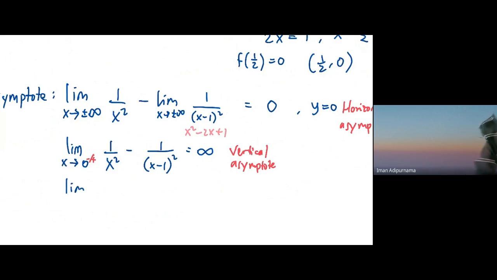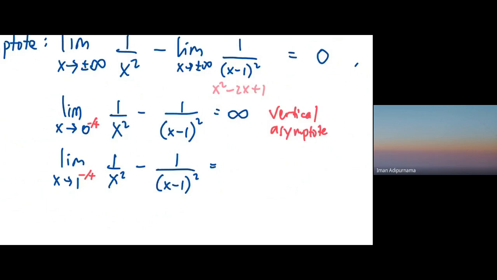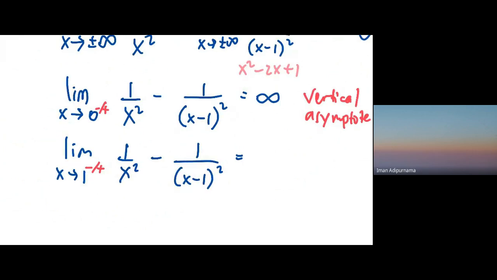And checking the limit as x approaches 1 from left or from right. If you plug in 1 to x here, it's 1 minus something, right?